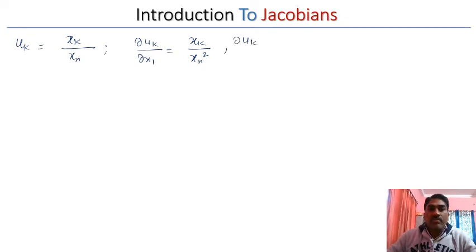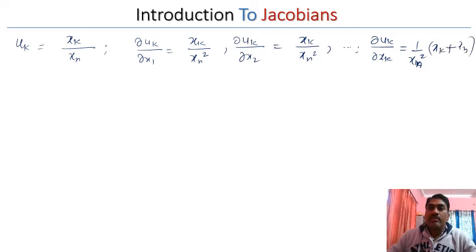Del uk by del x2 is equal to xk by xn square, and all except del uk by del xk, which will be (xk plus xn) by xn square. This will be for all k equal to 1 through n minus 1.